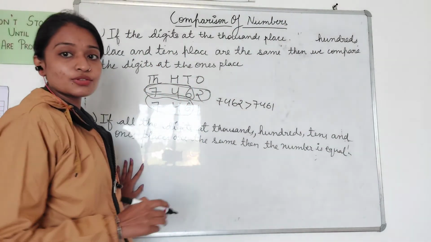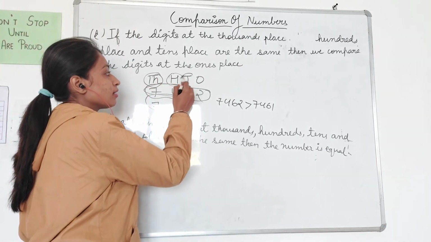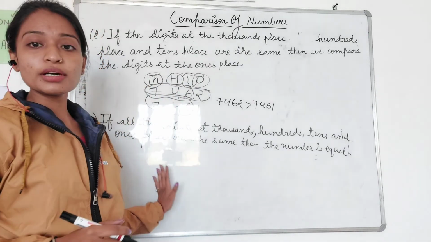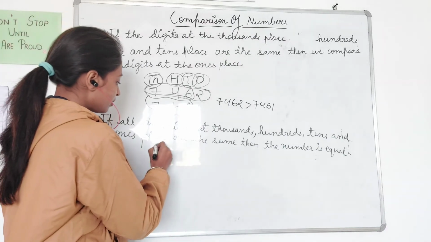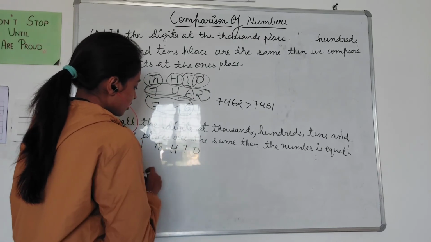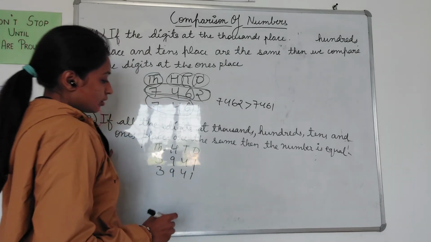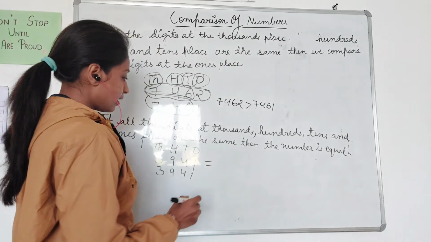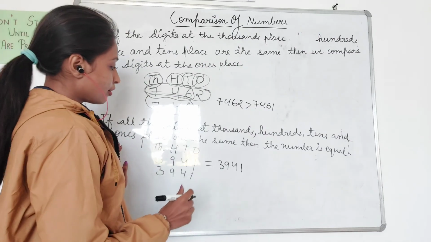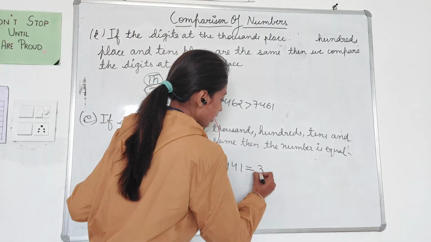So if हमारे पास जो भी numbers है are the same at thousands, hundreds and tens and ones place. If they all are same, then the numbers are equal. For example, the number is 3941 and the another number is also 3941. Then we say that the numbers are equal. ठीक है? And how do we write? We put this equal to sign to show that the numbers are equal.